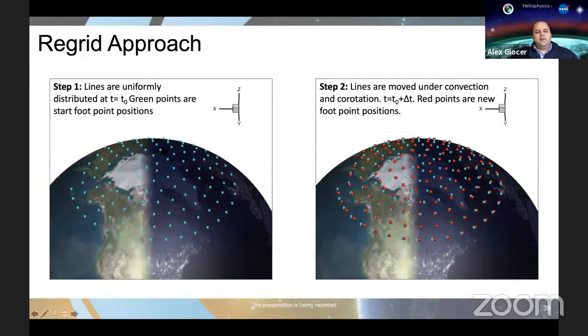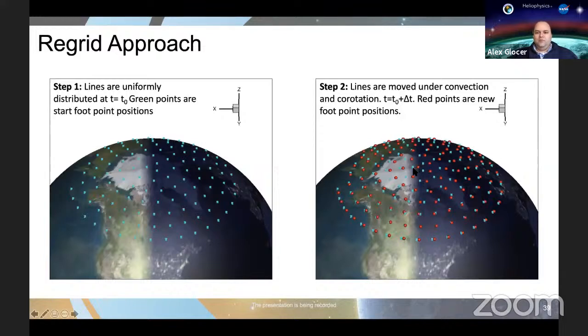Here you can imagine that you have a simulation and the field line foot points are shown as these green dots in the polar region on the left. And after some delta t, you move the field lines, as a result of a combination of convection and co-rotation, to new foot point positions. And that's shown by these red dots.